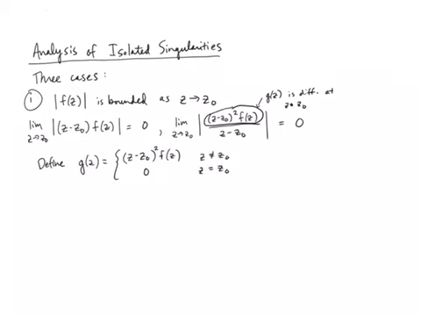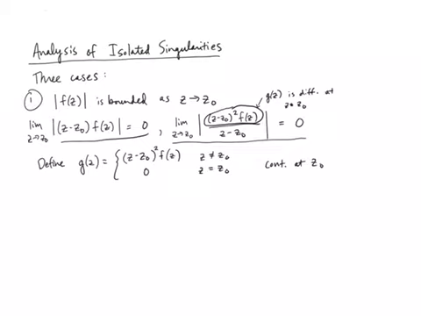And by this fact here, this is continuous at z naught. So this defines a continuous function, but moreover, by this calculation here, we actually see that g of z is differentiable at z equals z naught with derivative equal to 0. And it's clearly differentiable away from z naught because f is analytic away from z naught, and we're just multiplying that by a polynomial.